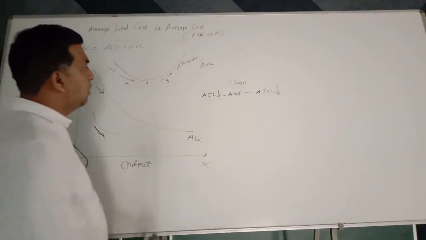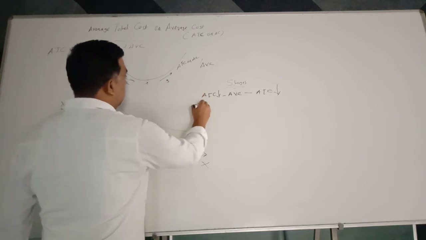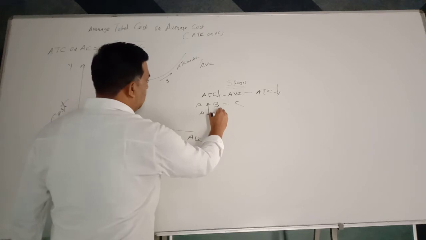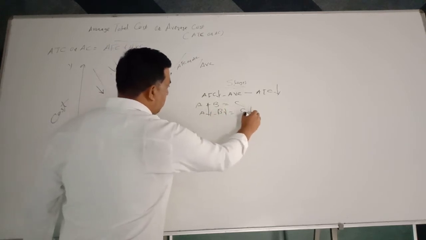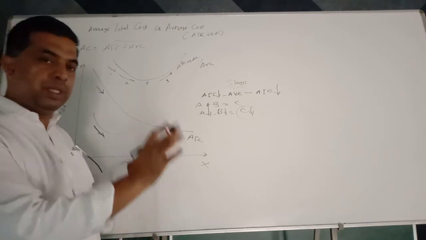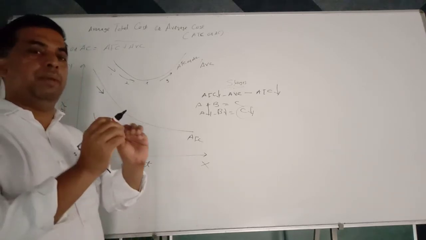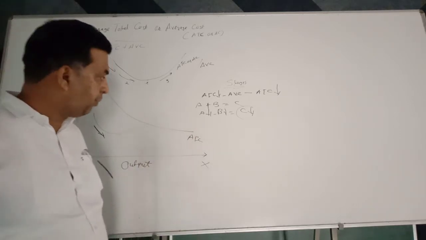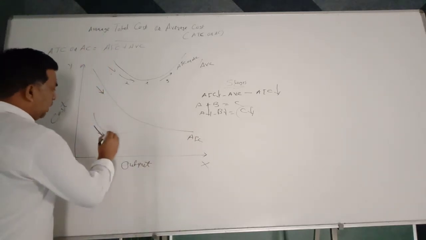Getting my point? Suppose A plus B is equal to C. Suppose A falls, B falls, obviously C will definitely fall. Clear? Average fixed cost is falling, average variable cost is falling, average total cost will also fall. Second stage is very important.